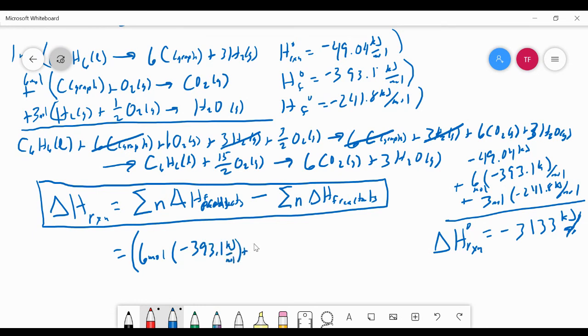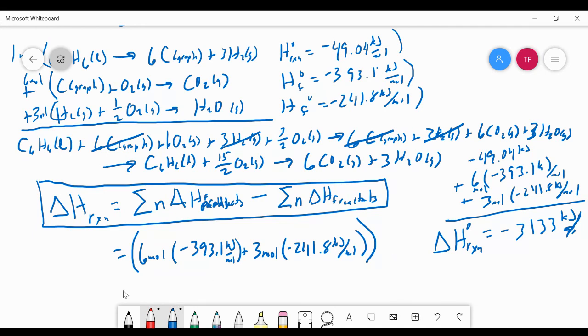To that, we're going to add water's 3 moles times its enthalpy of formation, which was negative 241.8 kilojoules per mole. And that's going to be our sum of each mole times the enthalpy of formation of each product.